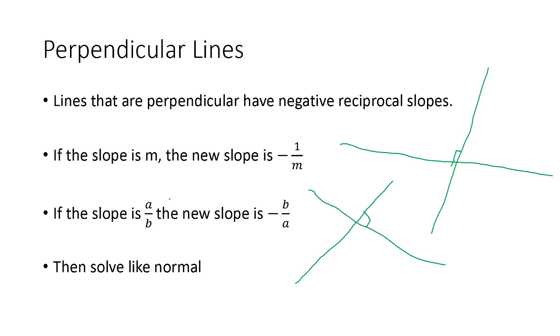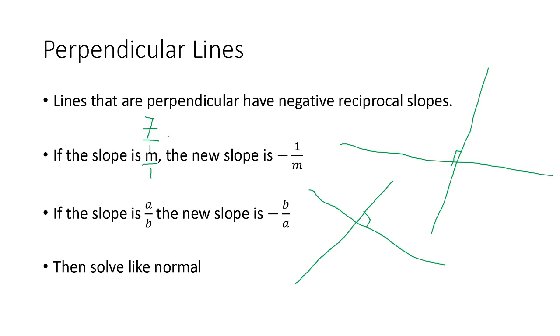So, if we have a slope of m, let's say hypothetically our slope is 7. The new slope, we're going to take the reciprocal. We think about m as being m over 1, and we think about 7 as being 7 over 1. Reciprocal means you just flip it, flop the numerator and denominator.